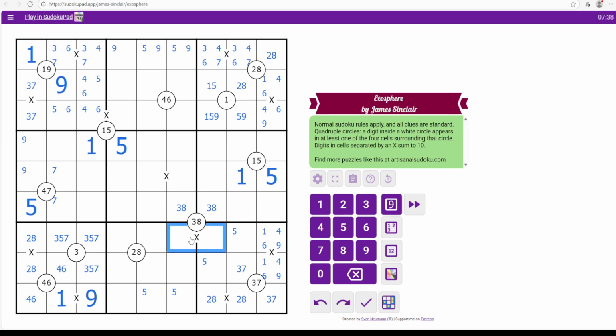Because we can figure out this, right? Because we know it can't be 3, 7, and we know that it can't be 2, 8. So that must be 1, 4, 6 on that, which makes a thing there.